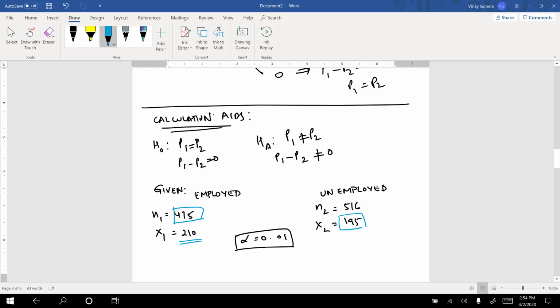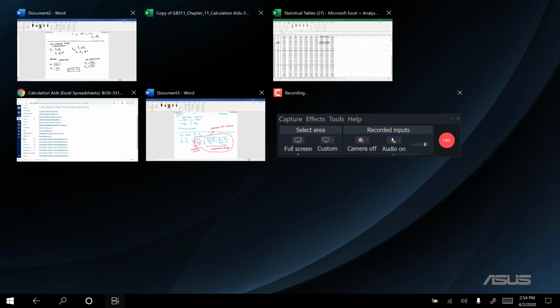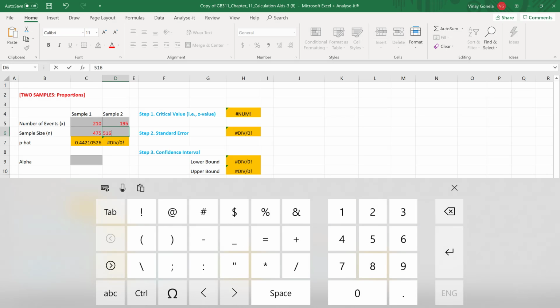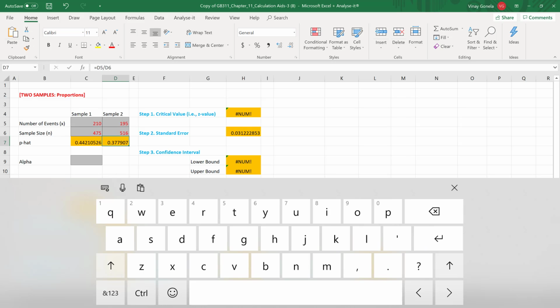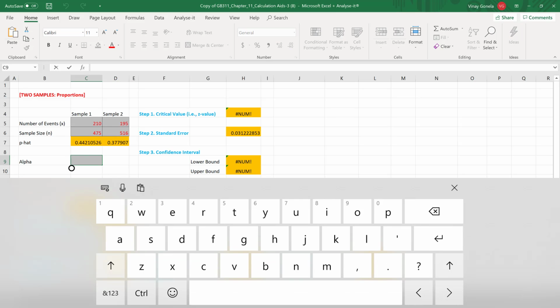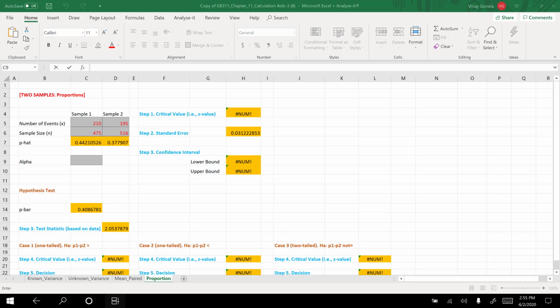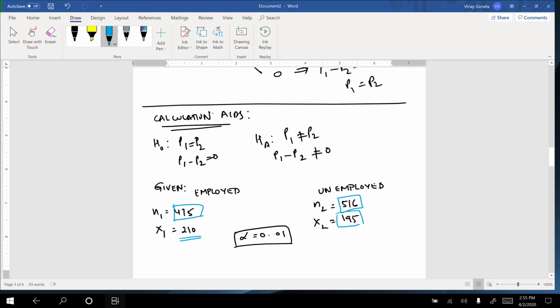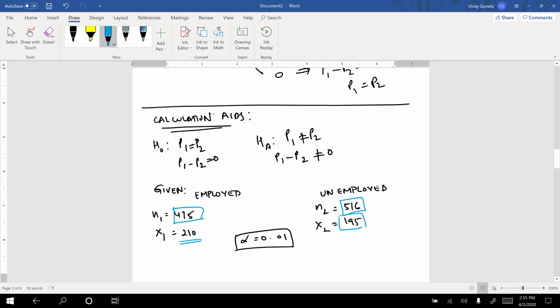Or 516. Yeah, this is 516. And then the alpha value is 0.01. So I will type in alpha 0.01.